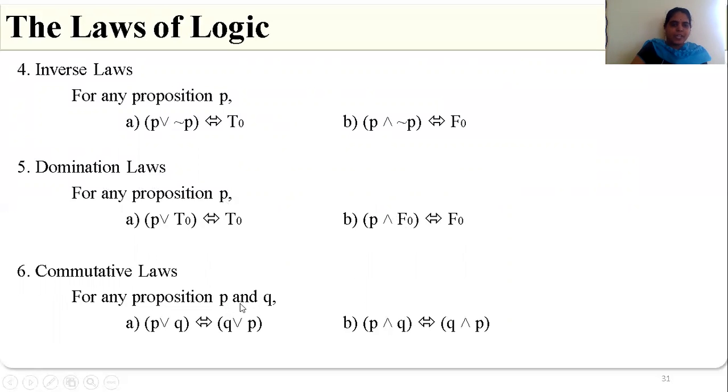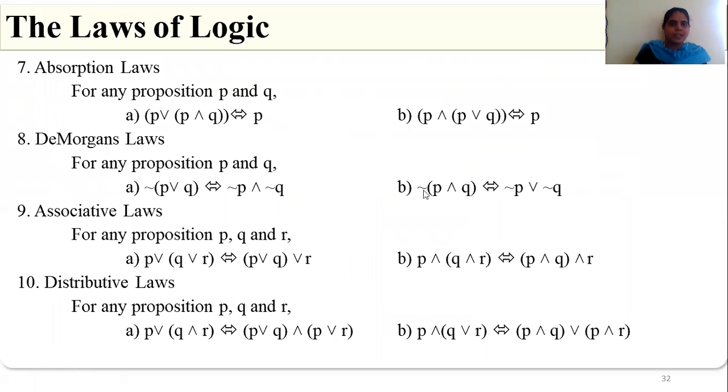Commutative law: for any propositions P and Q, P or Q is logically equivalent to Q or P, and P and Q is logically equivalent to Q and P. Next is the absorption law: P or (P and Q) is logically equivalent to P, and P and (P or Q) is logically equivalent to P.